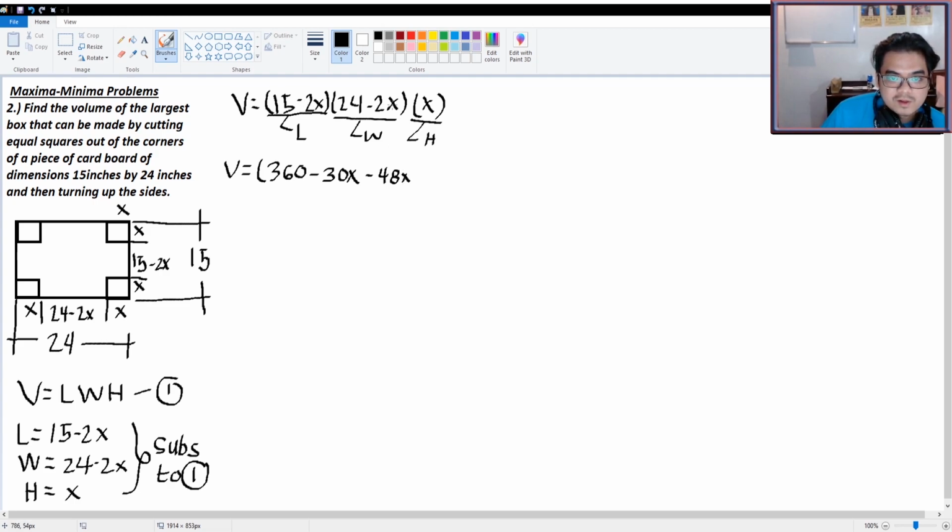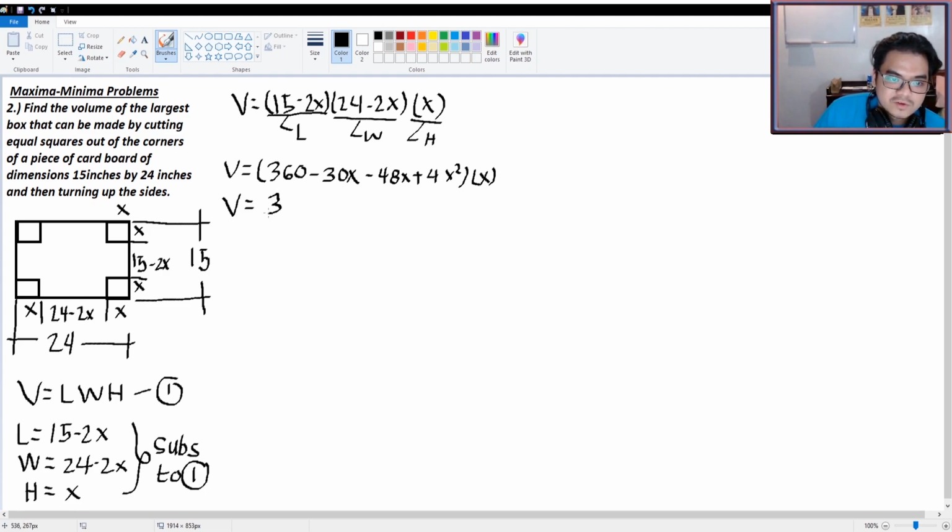And minus 2x times minus 2x, that will become 4x squared. And of course, we still have x on the outside. So combine like terms: I will now combine negative 30 and negative 48. That will become negative 78. And I will also distribute x at the same time.